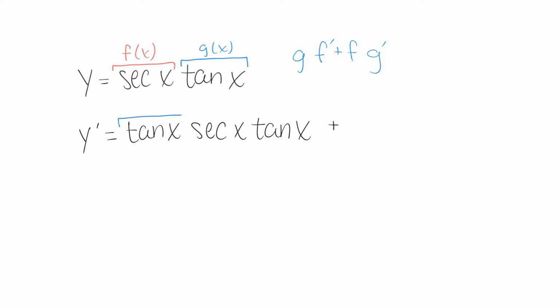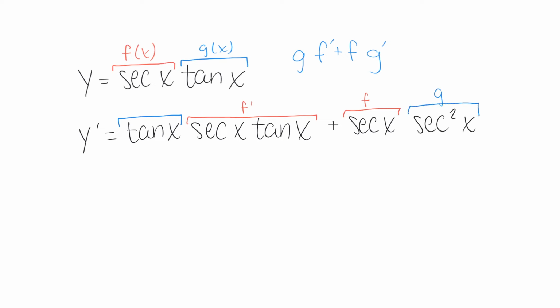Here is g, here is f prime, plus f, secant x again, okay? That's f, times g prime. So g prime, the derivative of tangent, is secant squared. So this is my g prime. Okay, so this is good. And then all we're going to do is simplify this.